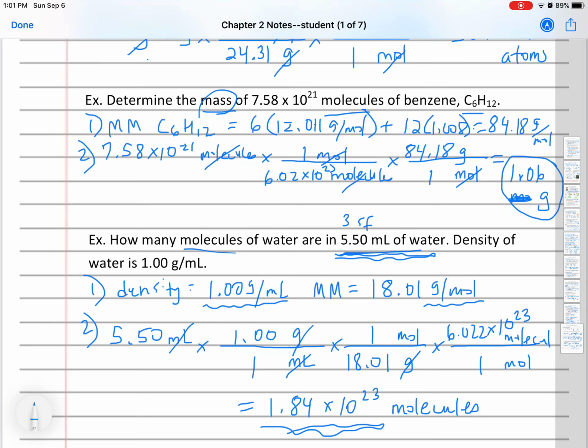So it's about a third of a mole. 1.84 is about a third of 6, which makes sense because 5.5 is about a third of 18. So it's always a good idea to sort of common sense check your math answers and make sure they fit. That was an example where we could do that.